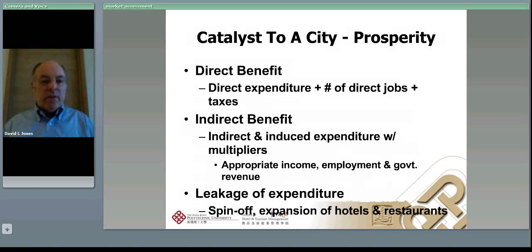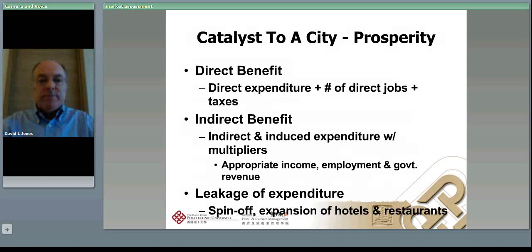But thinking about the city itself as a catalyst, this is important for the prosperity of the city. You have direct effect, that's the direct expenditure, the number of jobs and taxes that are directly associated with it. But oftentimes the justification comes more from indirect effect.